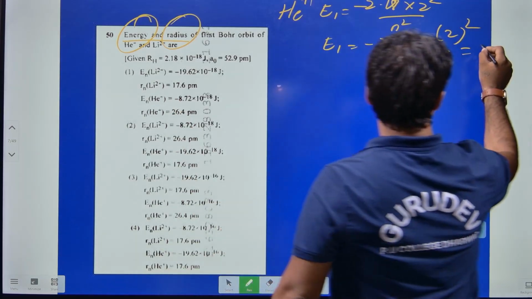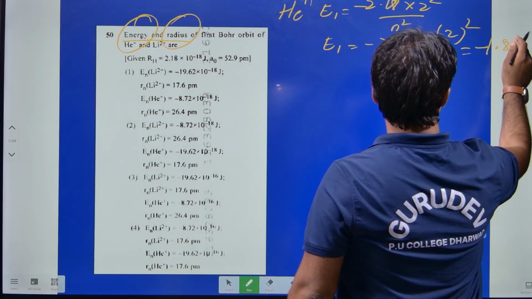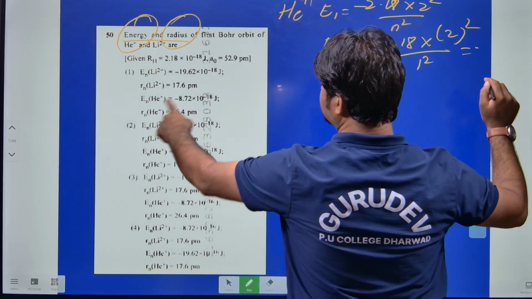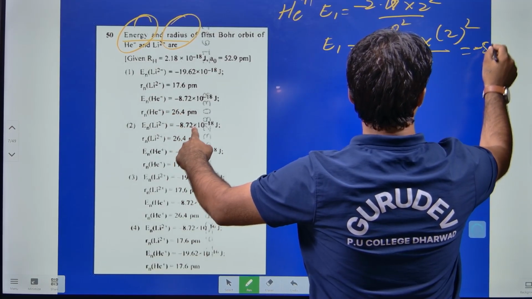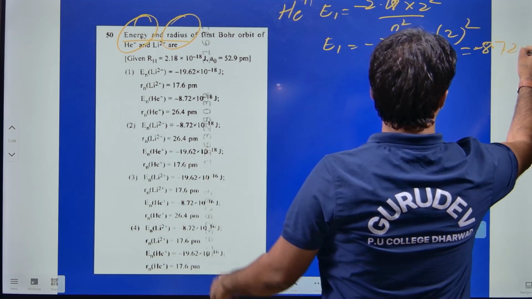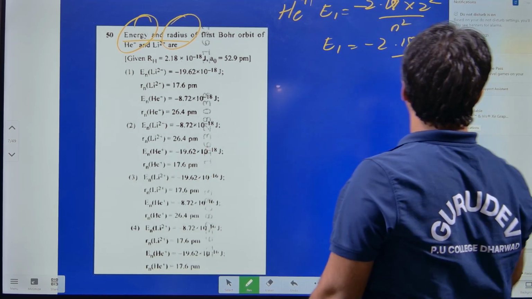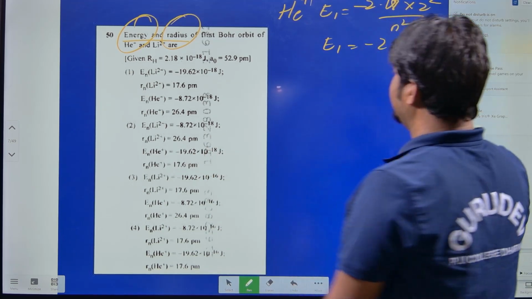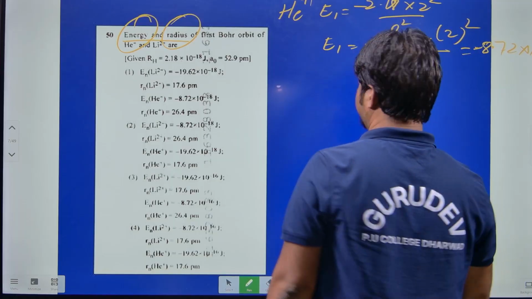Which on further simplification, I get the value for helium as minus 8.72 into 10 to the power of minus 18.